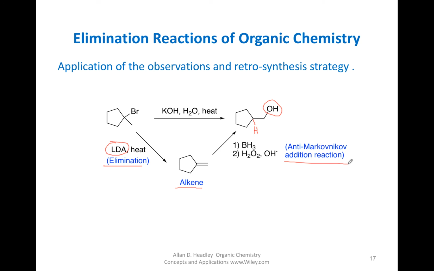You may recall from last semester, one way of doing an anti-Markovnikov addition is to use borane and hydrogen peroxide. Two steps. Notice the two-step reaction here. So this would be the synthetic route that you could use to carry out that reaction.